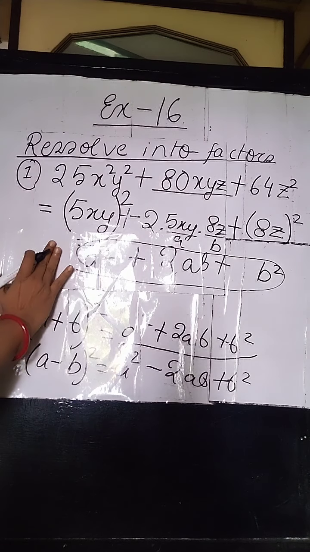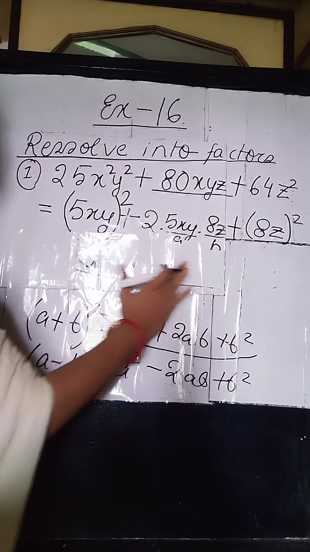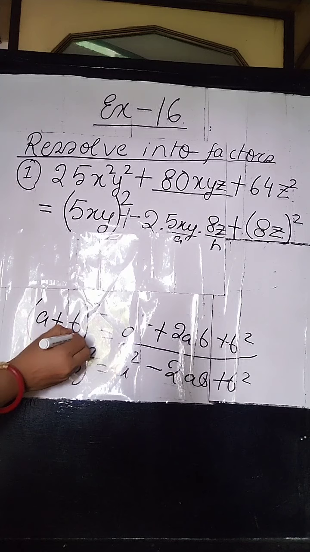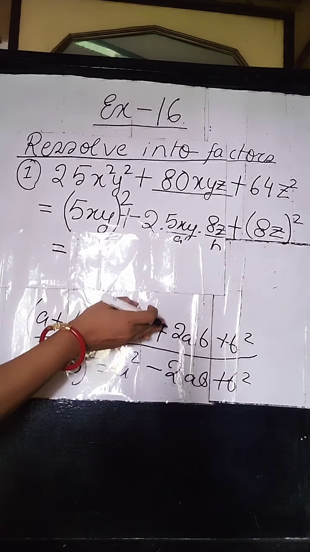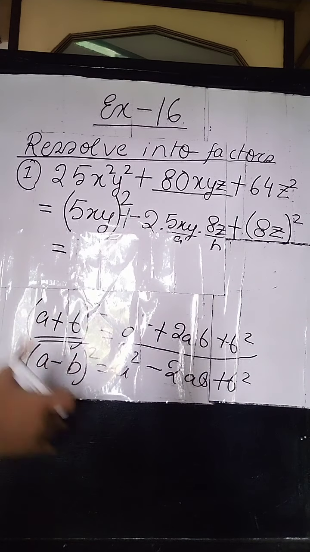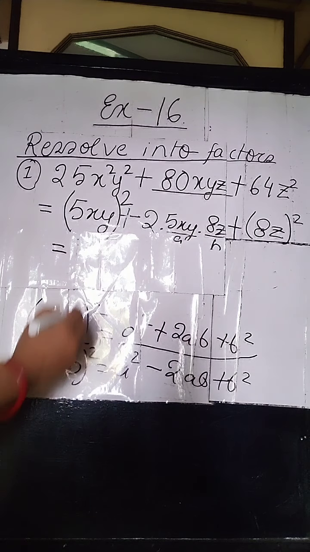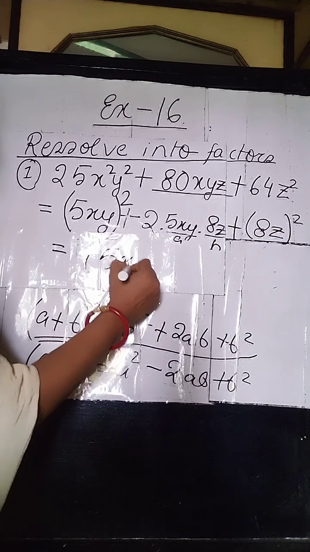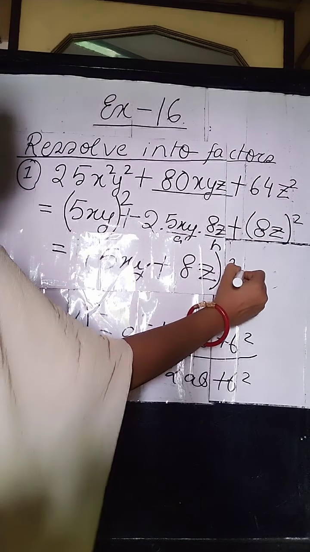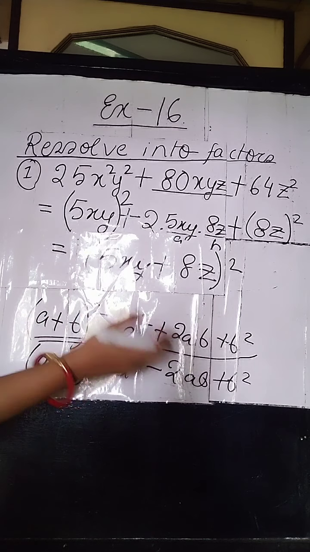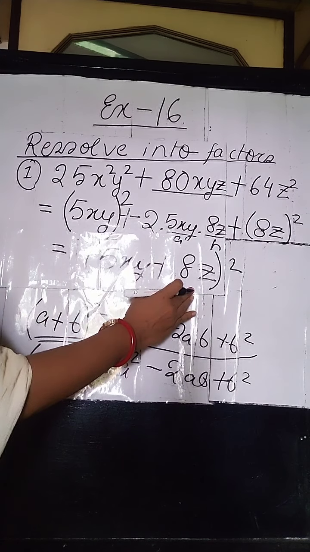Now a square plus 2ab plus b square is the formula of a plus b whole square. So with back calculation we will write this in the form of a plus b whole square. Here a is 5xy and b is 8z, which means 5xy plus 8z whole square.